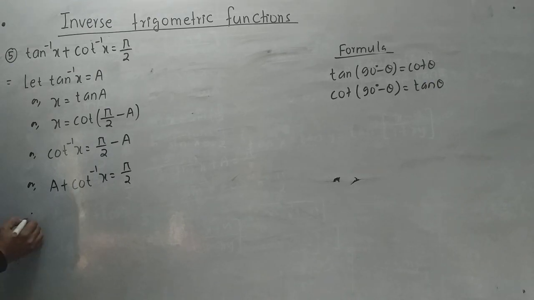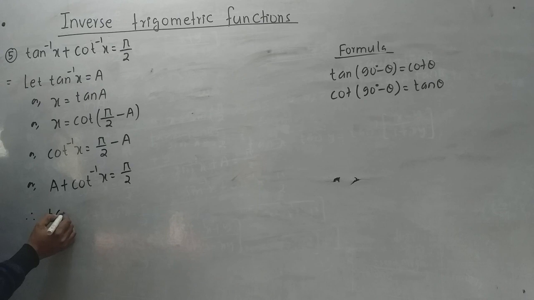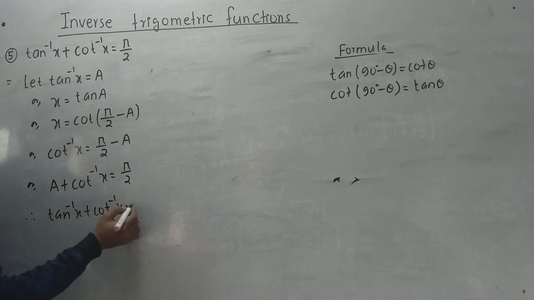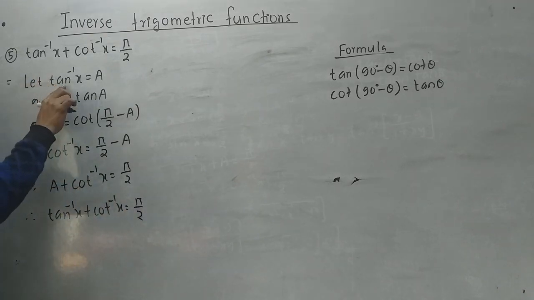Now we are near to the final result. For A you can replace it by tan inverse x, so tan inverse x plus cot inverse x is equal to pi by 2.